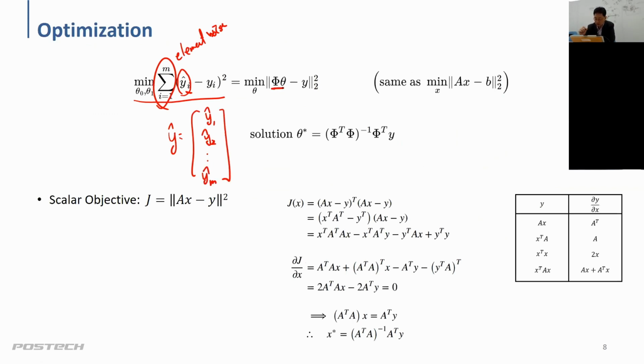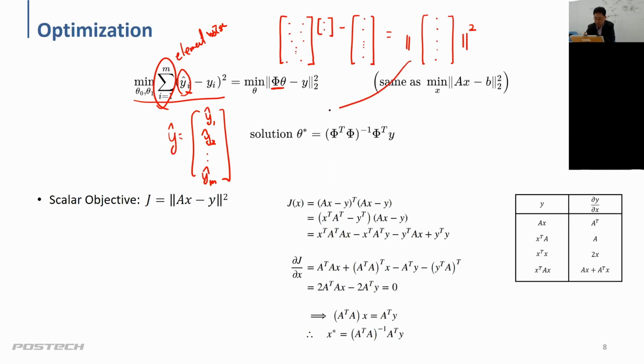I want you to see the shape. And Y is, so that's the shape. So this will be another column vector, and we take the 2-norm squared, right?